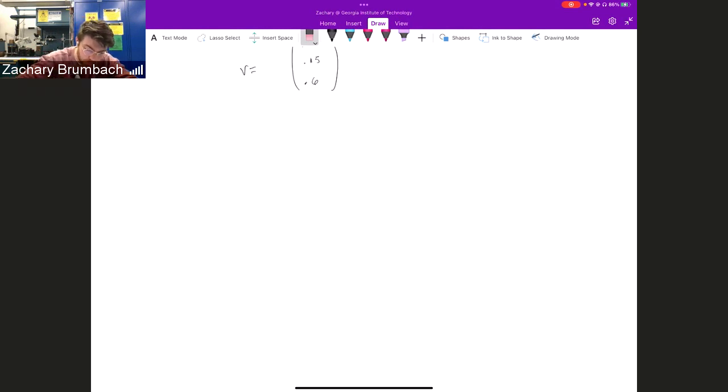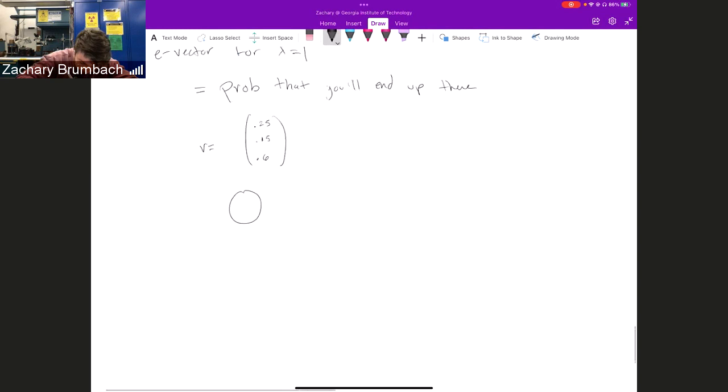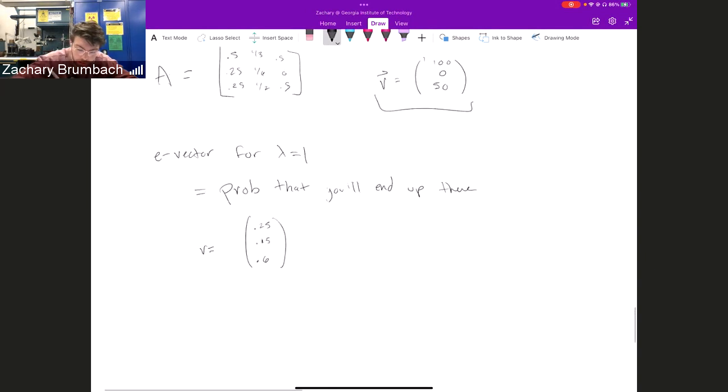That's the idea of steady state. Cool. So in this particular case, I'll show you. Given an initial vector, we find the total number of things, and you just add up the entries for whatever your initial thing is. So that's 150 in this case, all right?